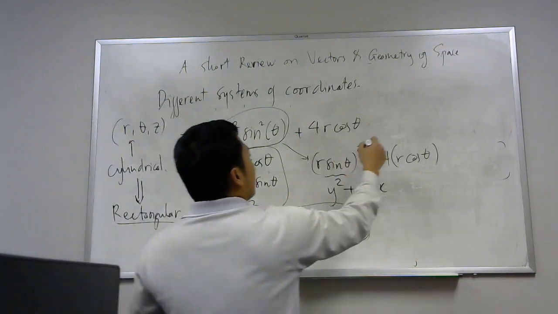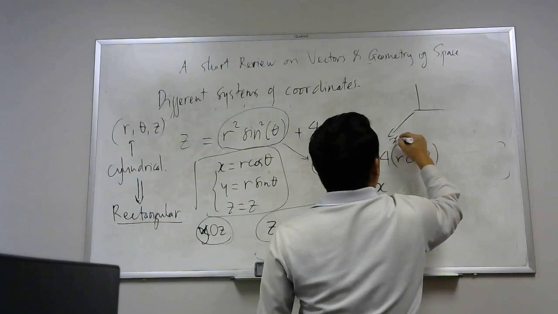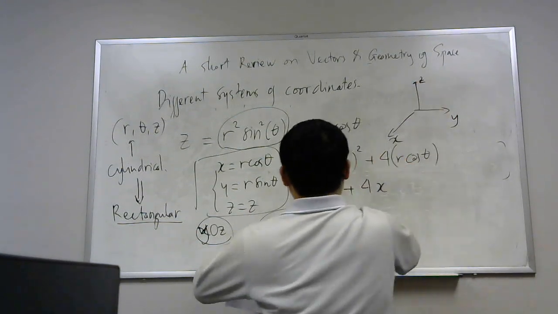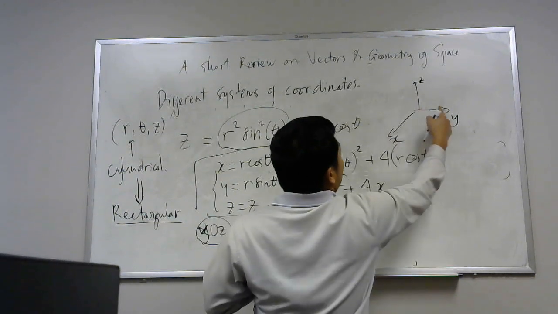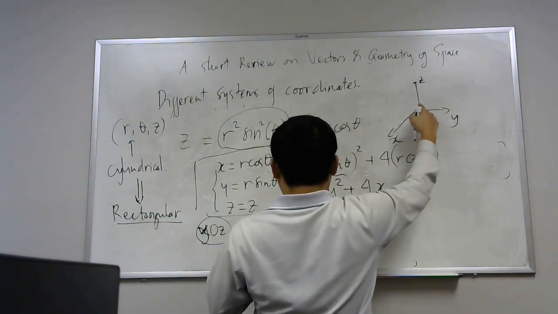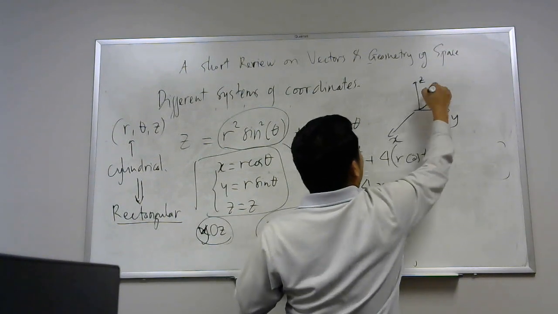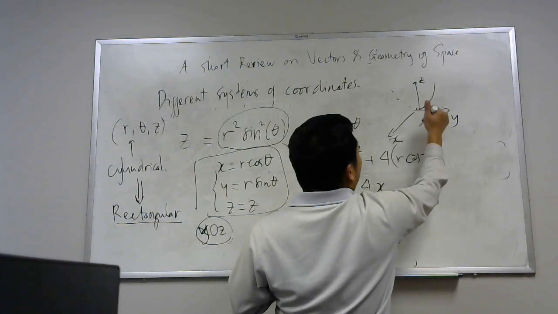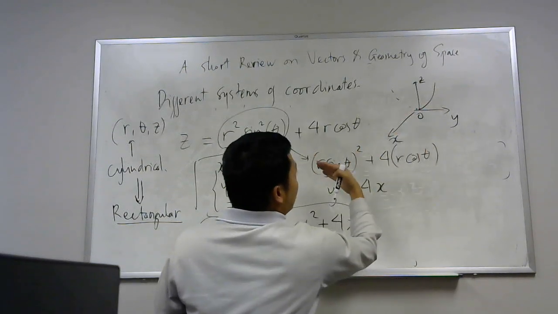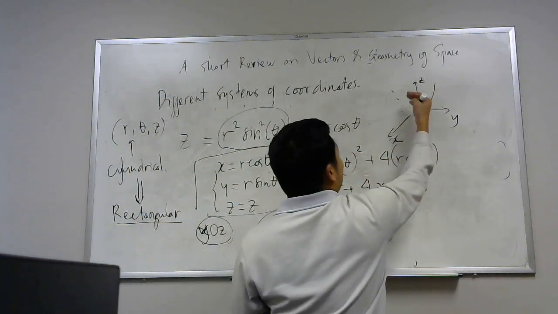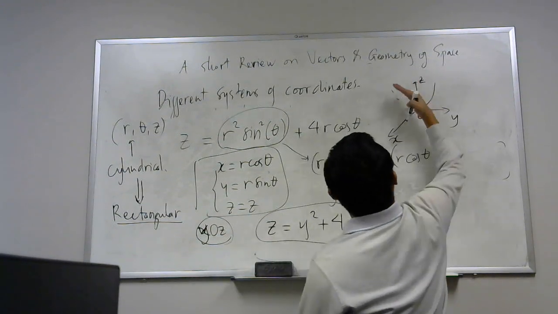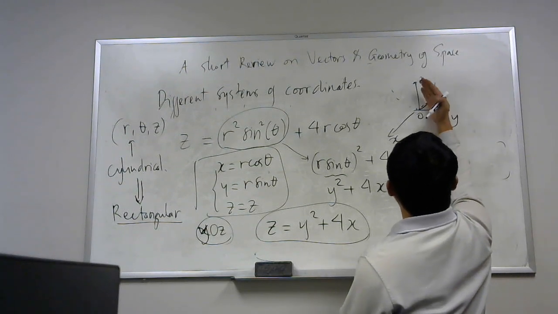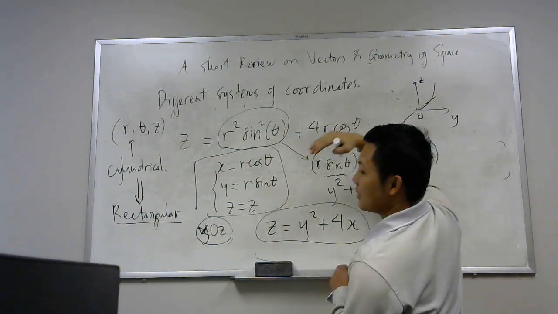So z equal to y squared is a parabola in the plane YOZ. Then you add x, so you have some surface. When x is less than 0, your surface goes to one side. When x is bigger than 0, it goes to this side.